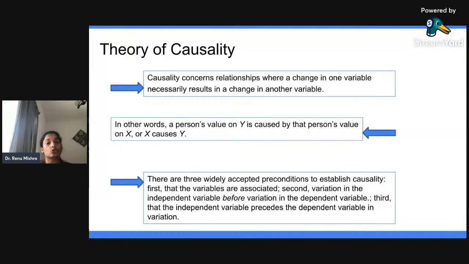So the theory of causality basically tells you that there is, let's say, one variable. The theory of causality says that where there is a change in one variable, there will be a change in another variable.